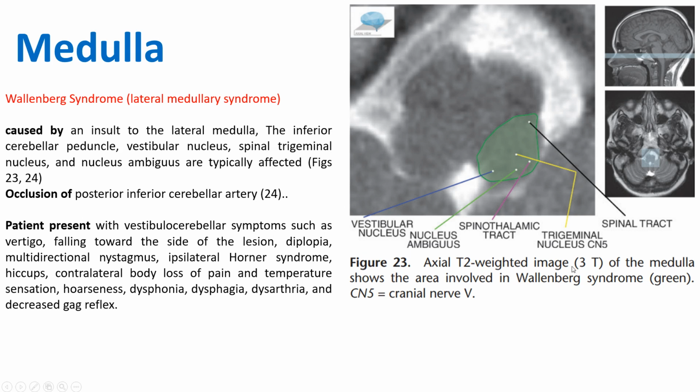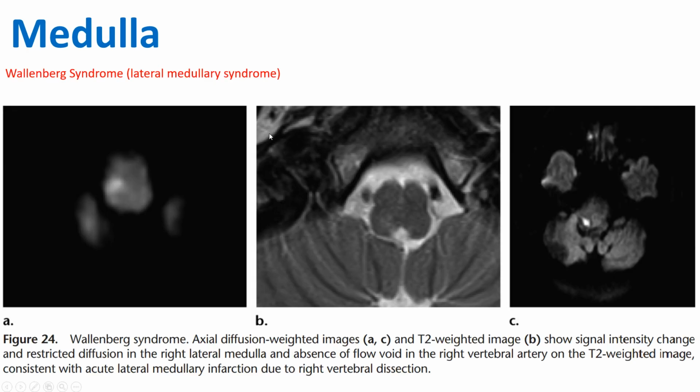This axial T2 3 Tesla of the medulla shows the area involved with the Wallenberg syndrome. This is the green area, posterolateral, of the lateral medullary syndrome. In the Wallenberg syndrome, this is the axial diffusion image, representing an acute stroke.